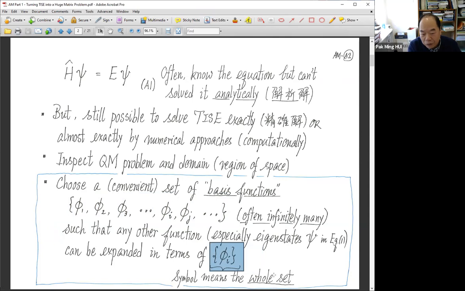So now we have two things in hand. We have the Hamiltonian, the problem. We know the equation that we want to solve, and we have made a choice of the basis function, okay? Then we start turning the Schrödinger equation into a big matrix problem.